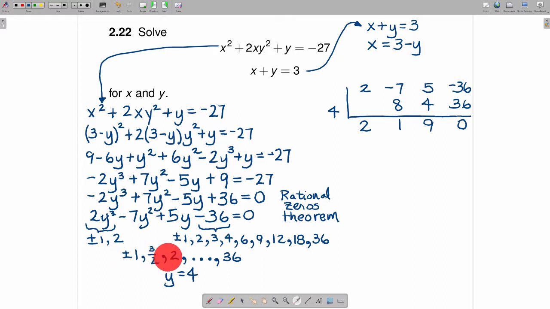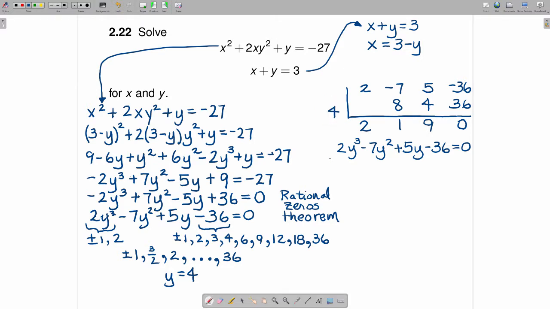If you would have tried that with any other number in this list, you would have not gotten a 0 remainder. So what this tells us, this piece of synthetic division right here, is that our polynomial, which is right here, and let me go ahead and write it out, 2y cubed minus 7y squared plus 5y minus 36 equals 0, it can be factored.